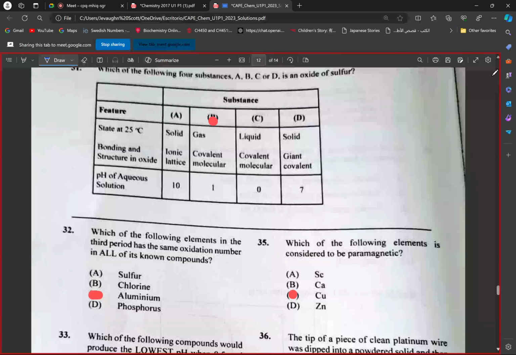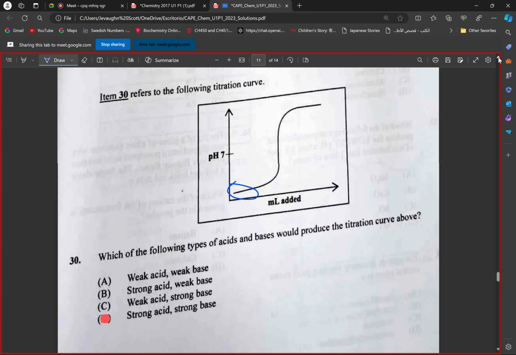Wait, sir, go back. Okay, let's go up. This question? I think I've seen where... Mr. Scott, go ahead.